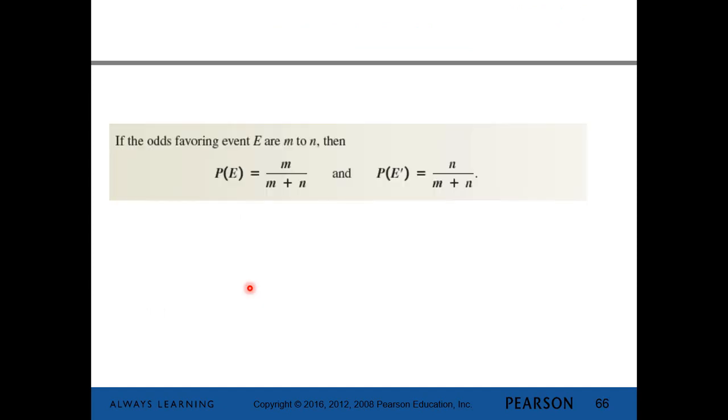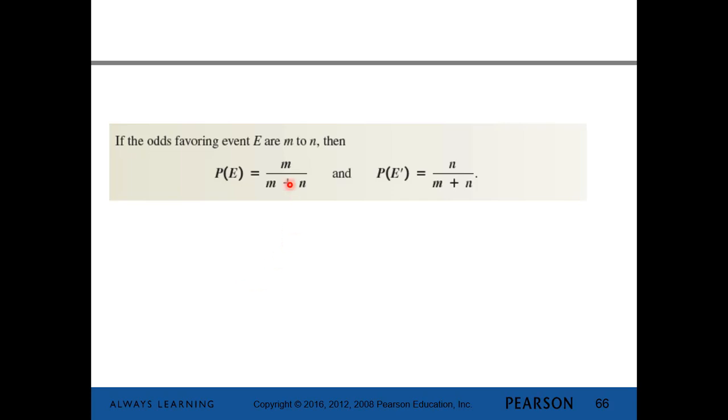Now, if you're looking for a probability and you've gotten the odds, well, if you want to use the odds to help you find the probability of an event occurring or its complement, then this is the formula.